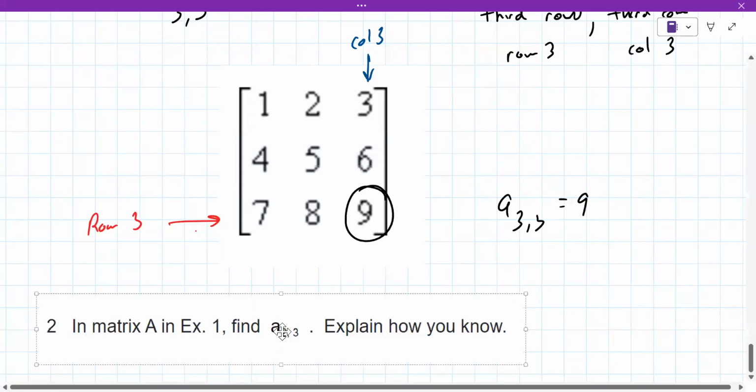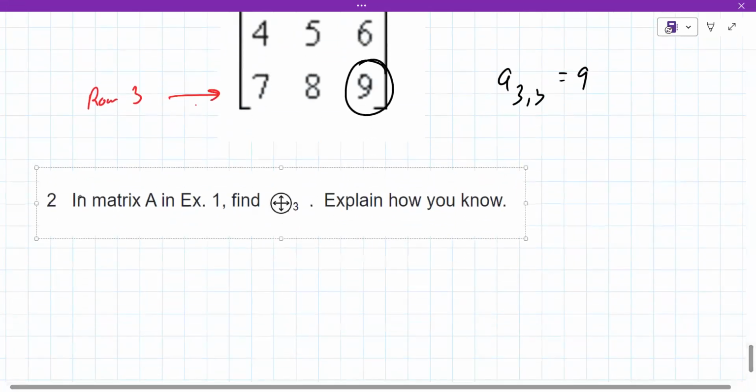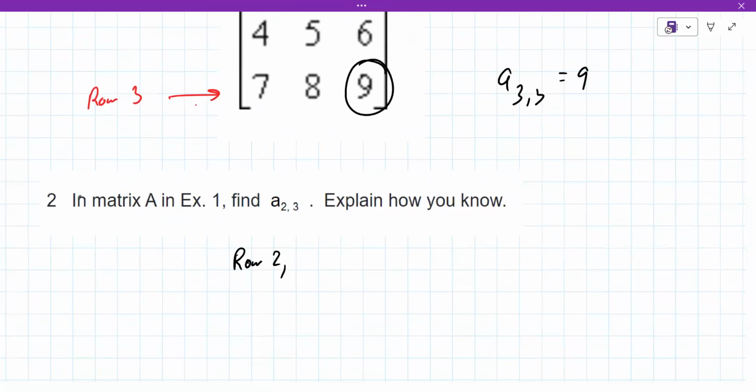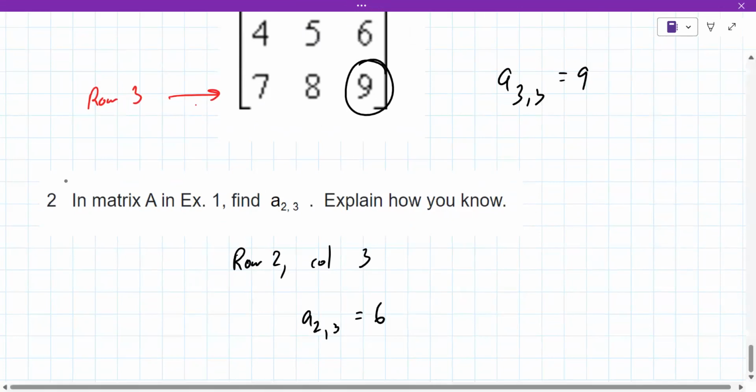So which row and which column are you looking at? Row 2. Okay, so where is row 2? Oh, so A2,3 would be 6. It is 6. And you want to somehow say row 2, column 3, and it equals 6. There's really not a lot of work. You either know it or you don't.